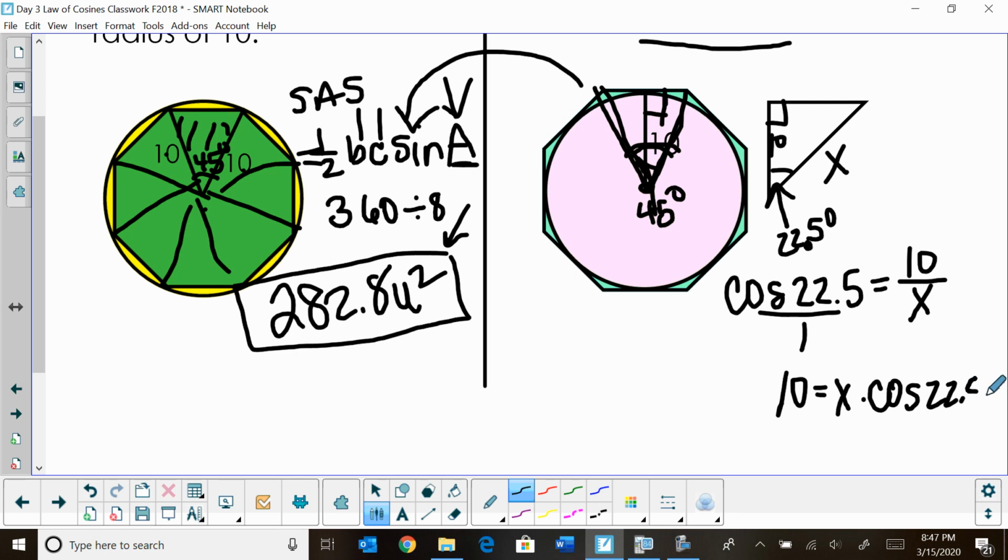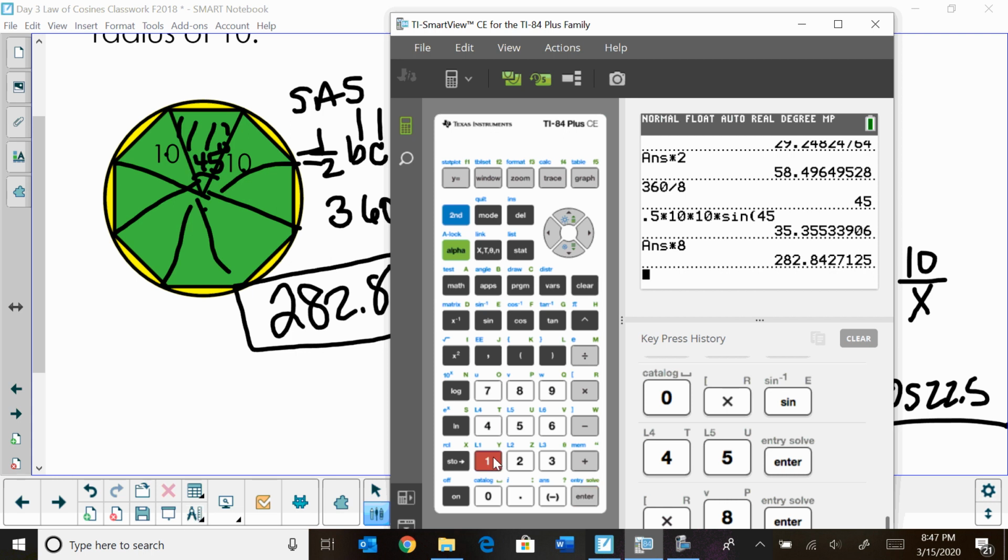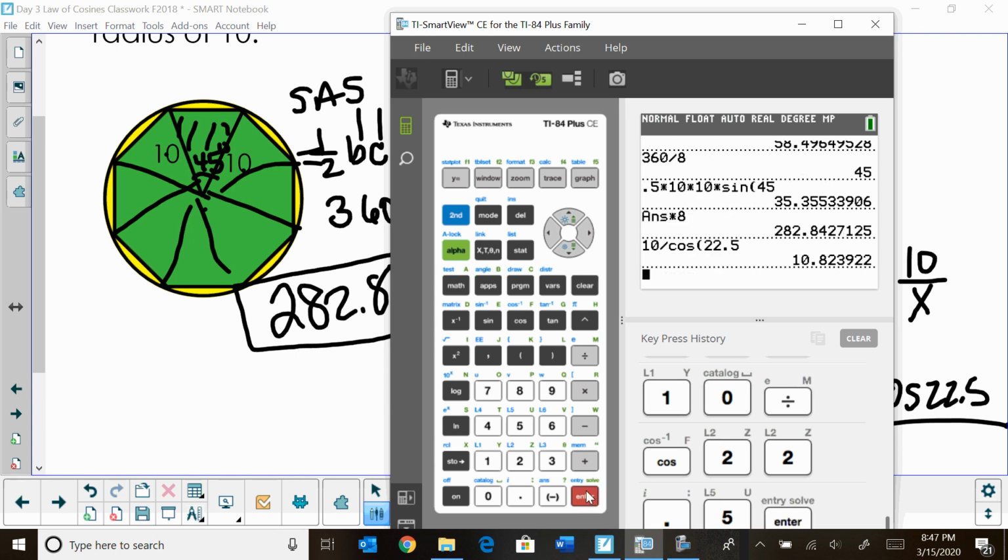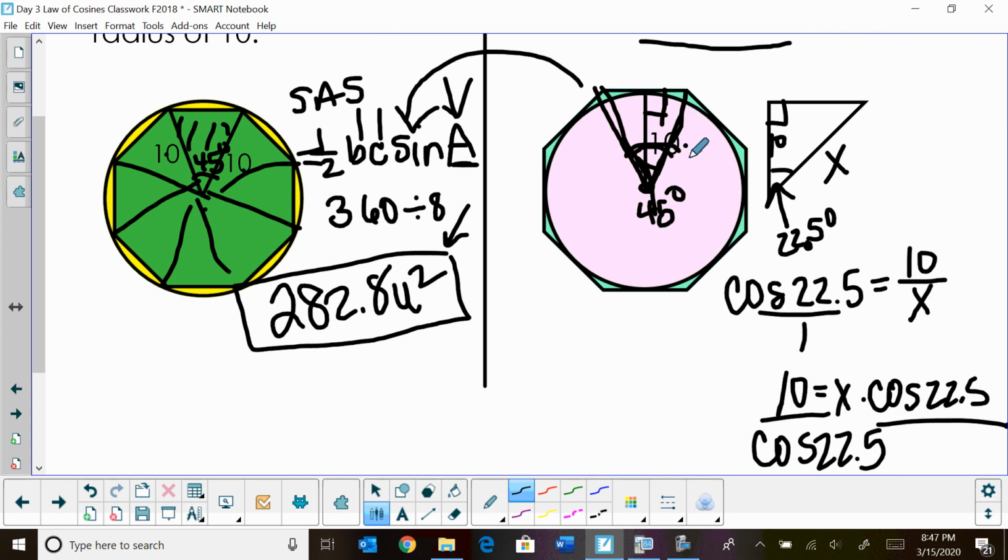Then divide both sides by cosine of 22.5. So we take 10 divided by that cosine. Let's grab our calculator and take 10 divided by cosine 22.5. Our answer is 10.8. Let's do 10.82 to make it a little more accurate. So that's the length of each radius.